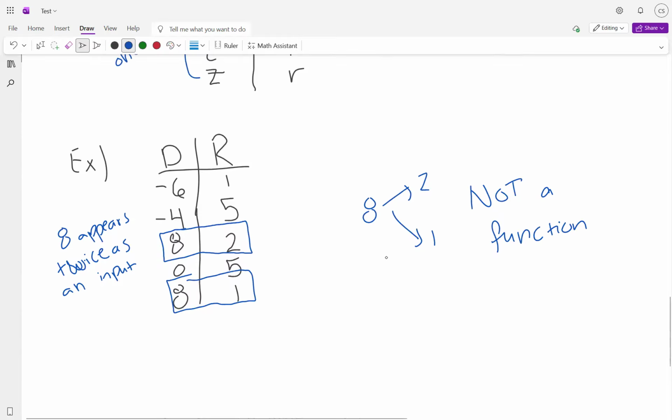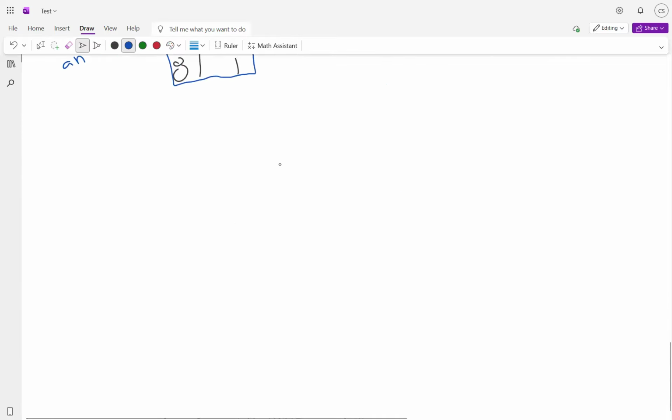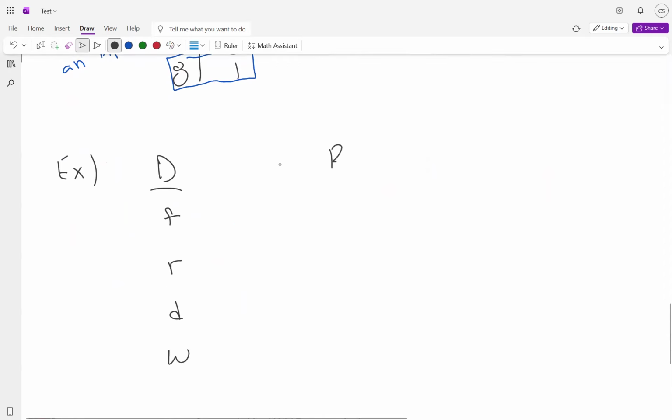So sometimes we will be given tables like this. Other times we will draw arrows to make everything clear. So my domain on one side, I'm going to have the letters F, R, D, and W. And then in my range, I'm going to have 3, 5, -1, 0, and -4.